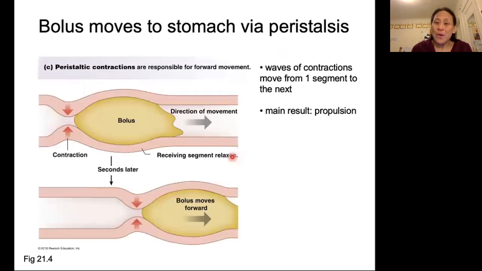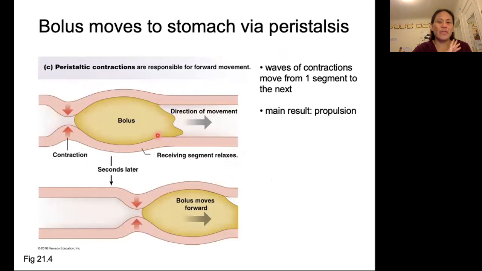Once we have chewed up food and mixed it with saliva, we call that little chunk of chewed up food a bolus. That is what is shown here in this diagram. This is meant to represent a chunk of chewed up food. We swallow our food.